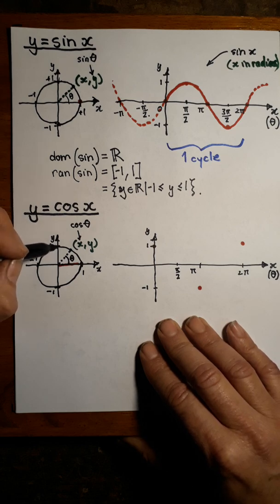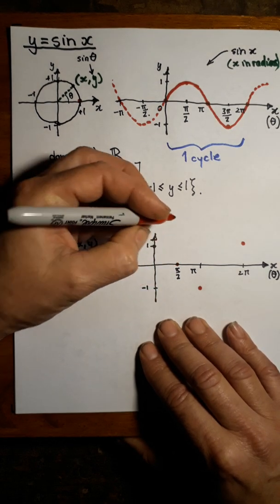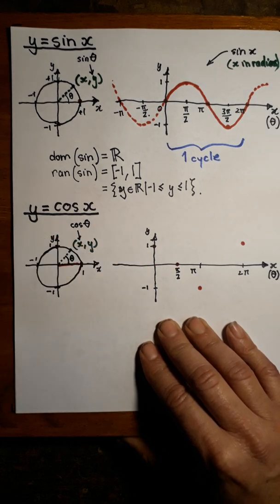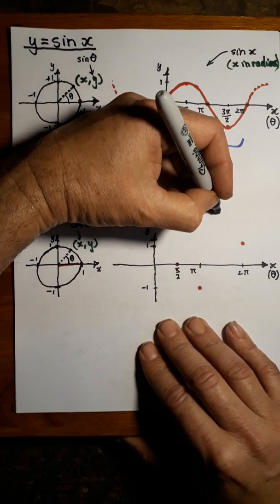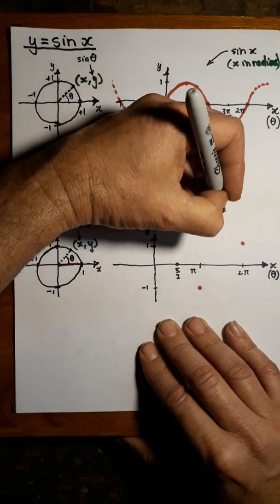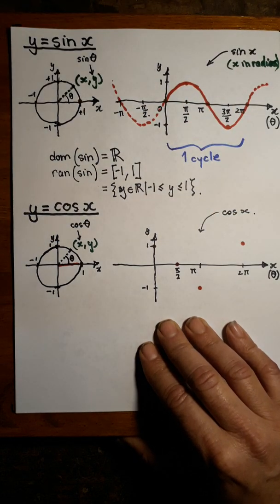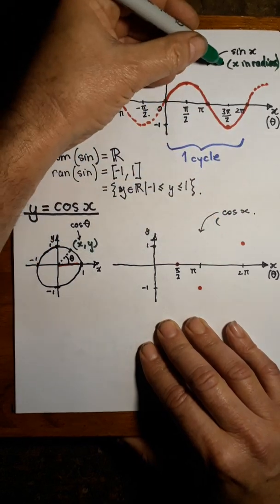Well, if you have a look at your unit circle, it's 0. So cos will be right here at pi on 2. The y value will be 0. Okay, and just a note that we're actually doing a graph of cos x. Okay, and also note that our x is in radians as it was for sine.